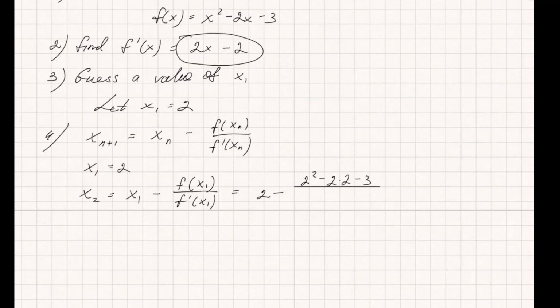Into f prime of x we plug in our 2, so we have 2 times 2 - 2.